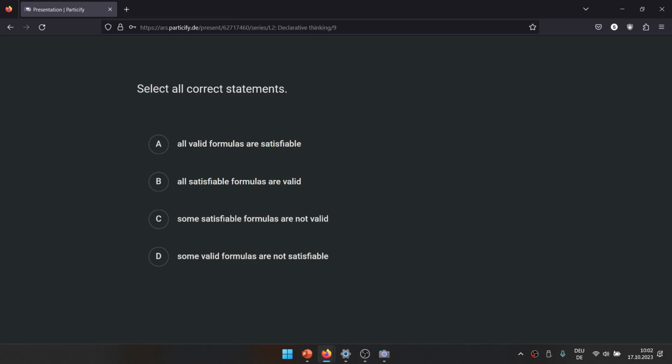All valid formulas are satisfiable. If your short-term memory is at least 5 minutes, then you will know the answer. All satisfiable formulas are valid. Some satisfiable formulas are valid. And some valid formulas are not satisfiable. Some would mean at least one, right?